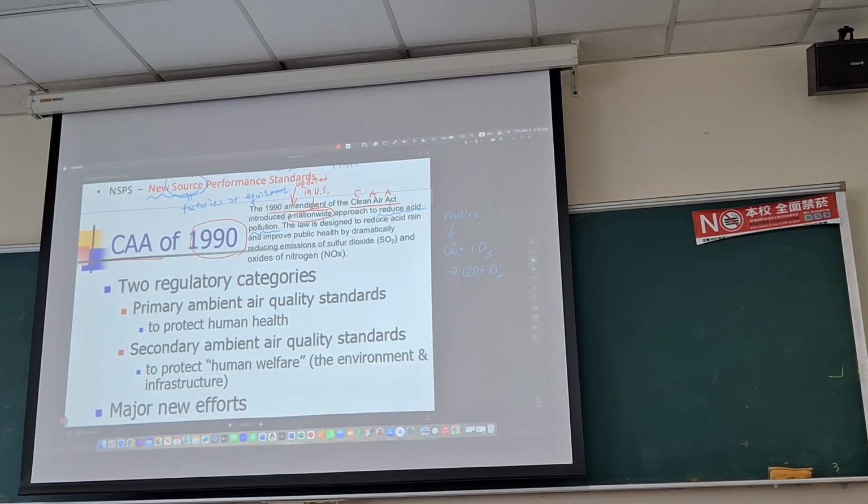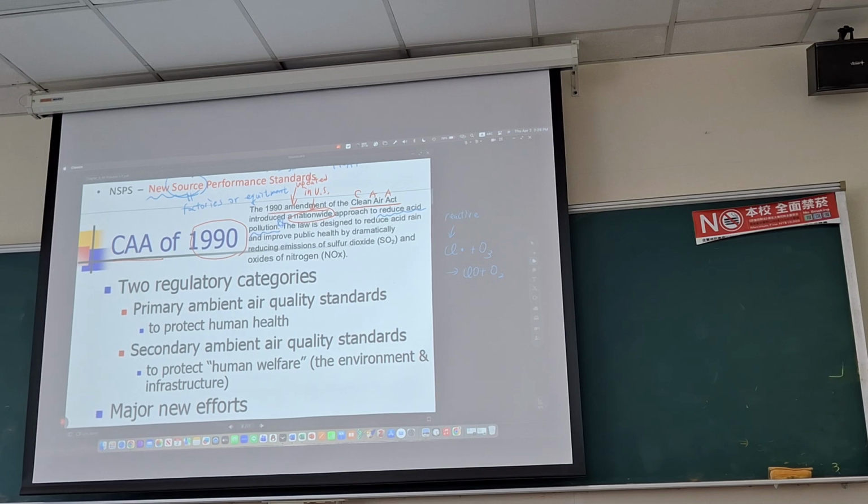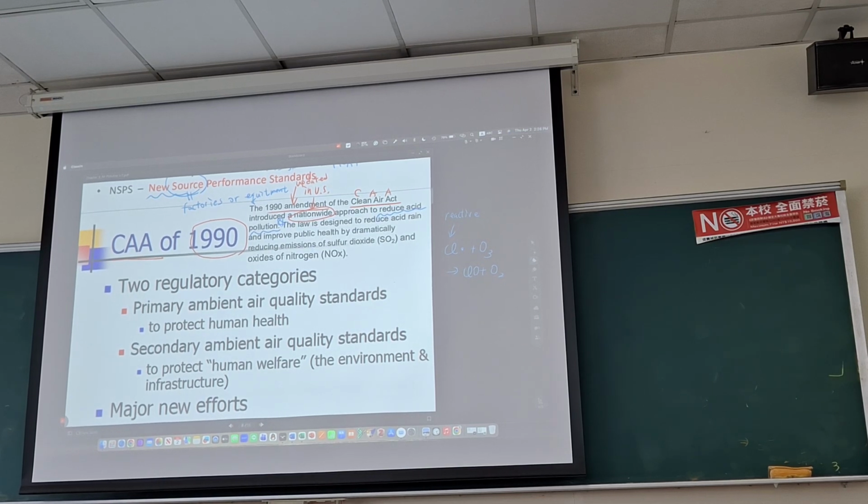So this is what I mentioned here. This law is designed to reduce acid rain, because acid rain will harm human health.